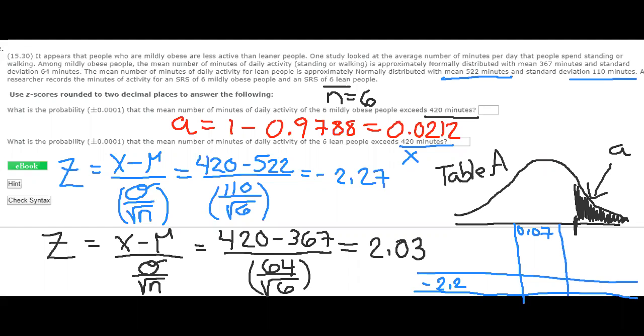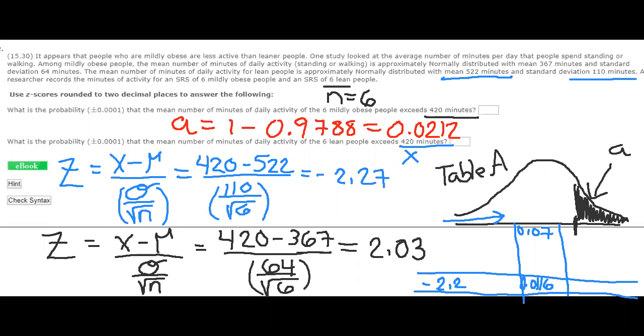So go to your table A, go to the negative 2.2 in the row, then find the column 0.07, negative 2.27 gives me an area of 0.0116.